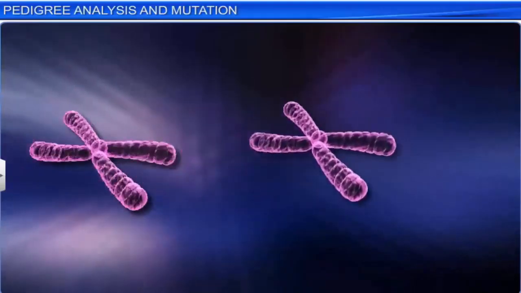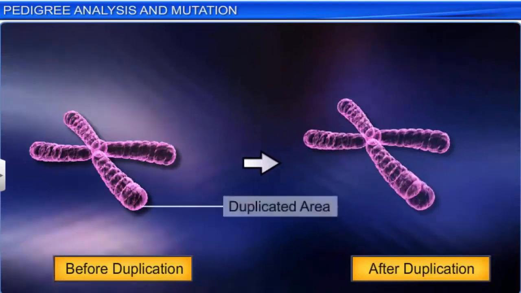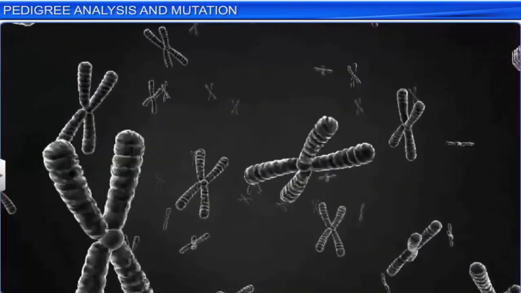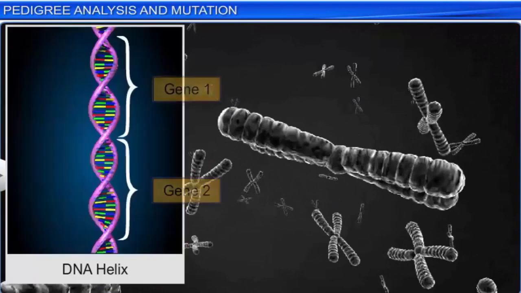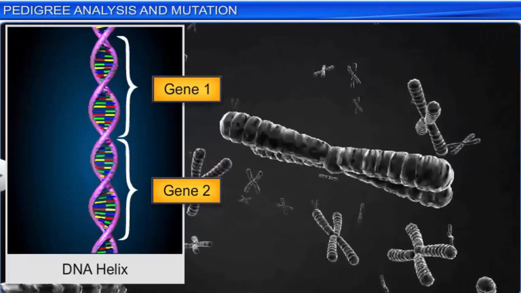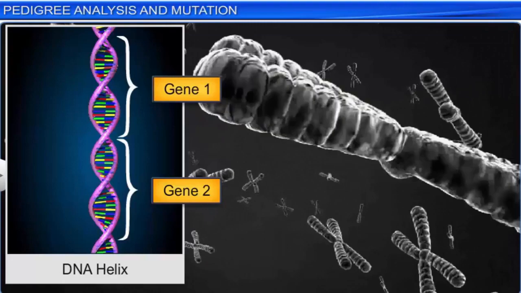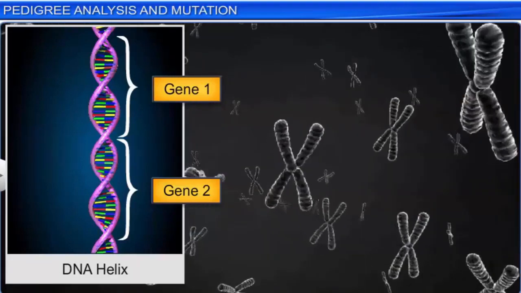Pedigree analysis helps trace alterations in genes. Let us learn about these alterations and the reasons for the same. It is the genes in the DNA helix of a chromosome that contain information regarding inheritance, or in other words, information such as height, color, and even diseases that an individual is prone to.